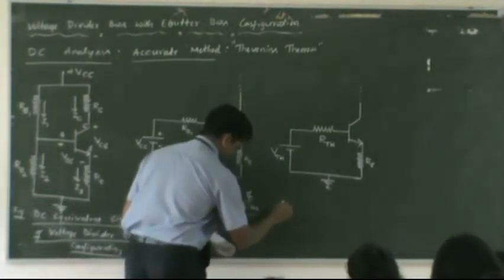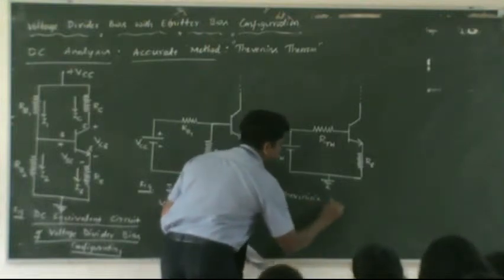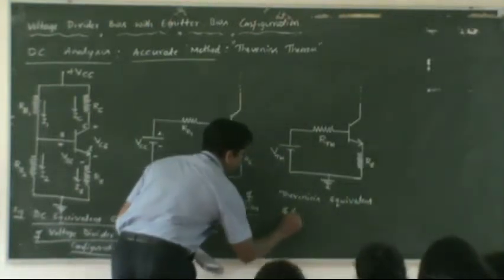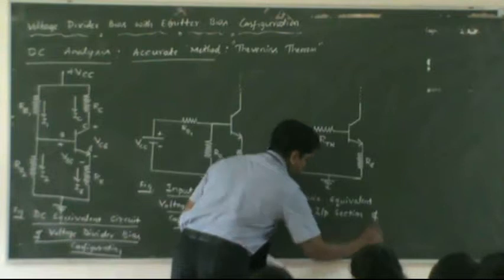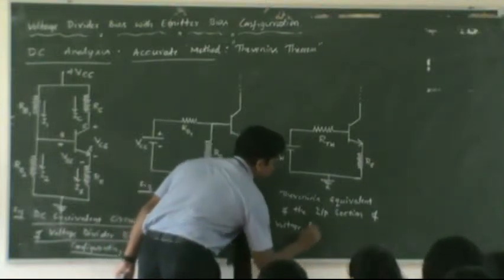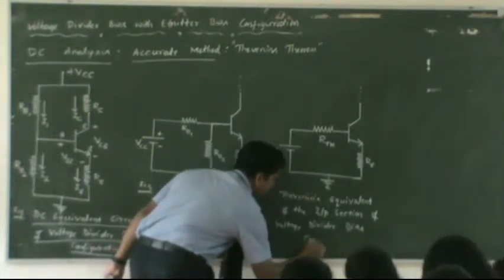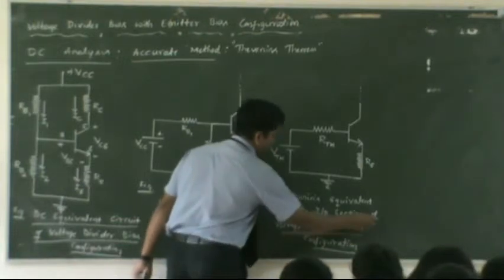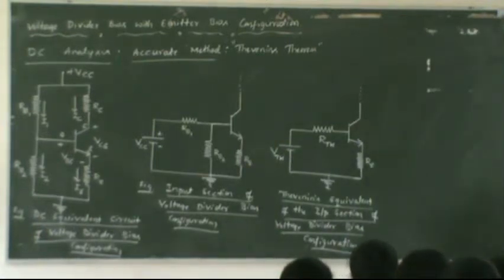This is going to be Thevenin's equivalent of the input section. So you represent your circuit diagram with the input section replaced by Thevenin's equivalent circuit.